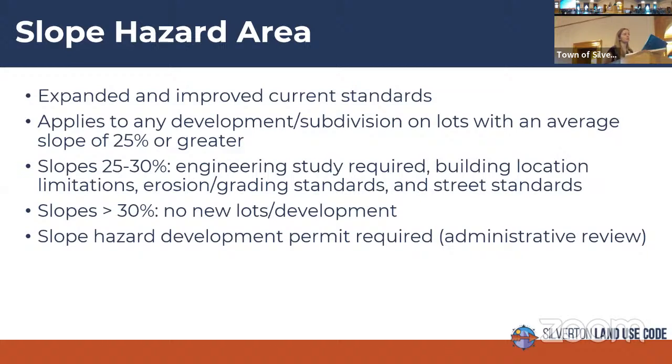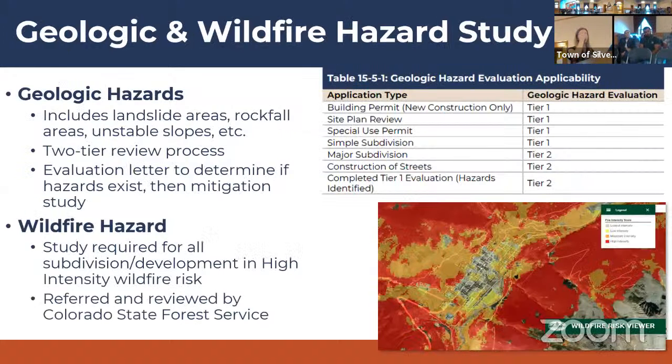And then again, there's sort of a scaled approach to what can and cannot be built based on slopes 25 to 30%, and then anything over 30% cannot be developed on. And again, a separate permit is required for these areas that is subject to administrative review. Next slide, please.